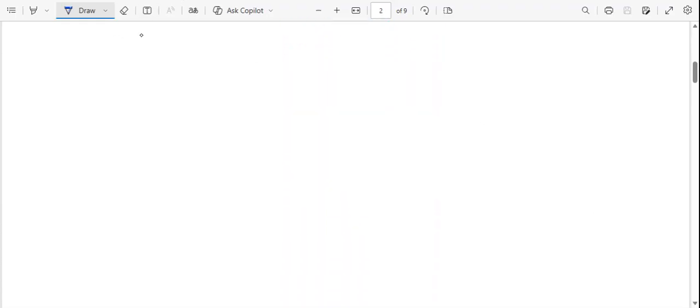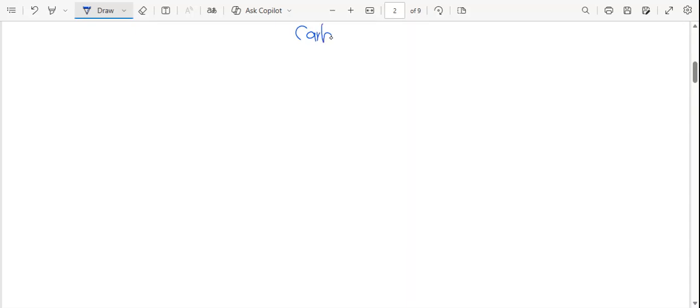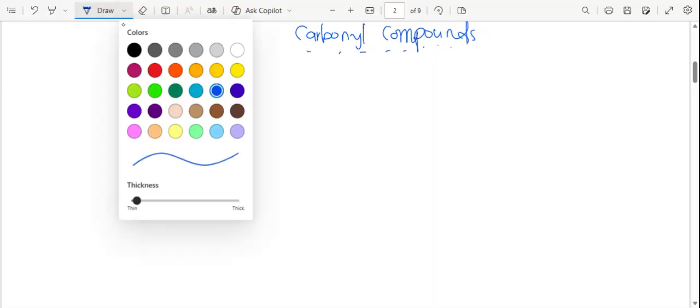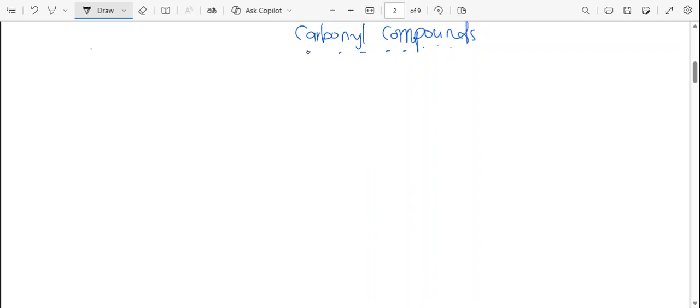All right. So when we talk about carbonyl compounds, what are these? They are very simple actually. Carbonyl compounds are just compounds containing carbon bonded to oxygen like that.